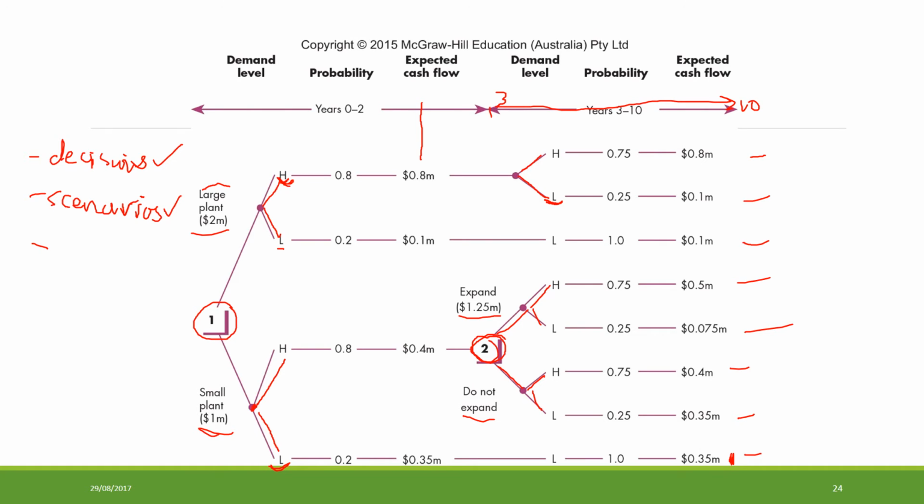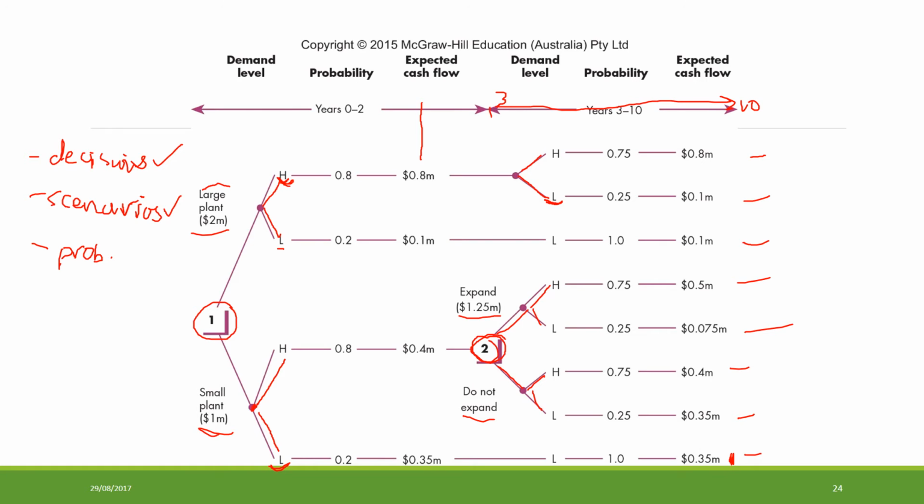What we want to work out next is the probabilities for each of the scenarios. Our NPV analysis here is simply the probability weighted NPV for different scenarios. So how do we work out the probabilities? From the question, we know three things about probabilities.